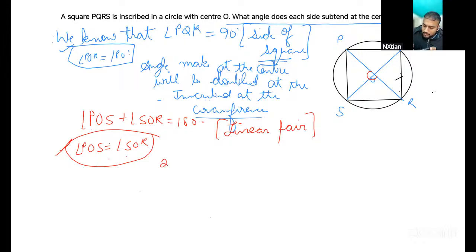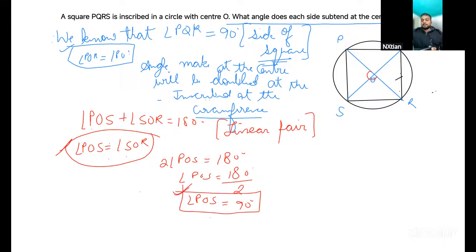So it means that twice angle POS is equal to 180 degrees. Now angle POS is equal to 180 divided by 2. So angle POS is equal to 90. This is the answer. So each side, PS makes 90 degrees, PQ makes 90 degrees, QR makes 90 degrees, SR makes 90 degrees, like this.